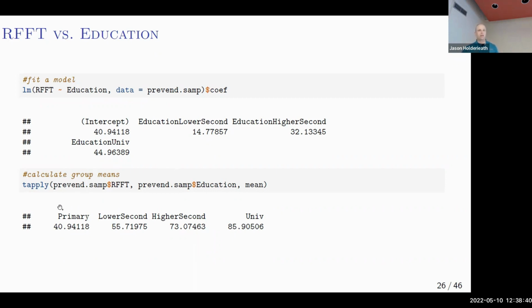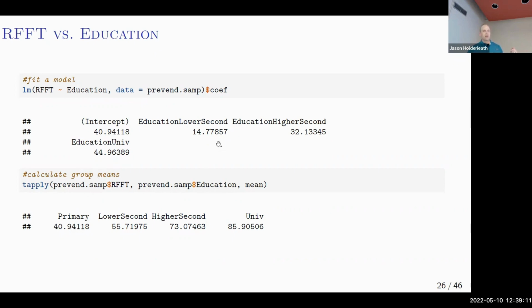So whenever you have multiple dummies like this, when they're all basically of the same question, each observation is only going to have a 1 in one of these. They could have a 1 in primary, in which case these are all zeros, and then that ends up with a predicted score of 40, which is primary.